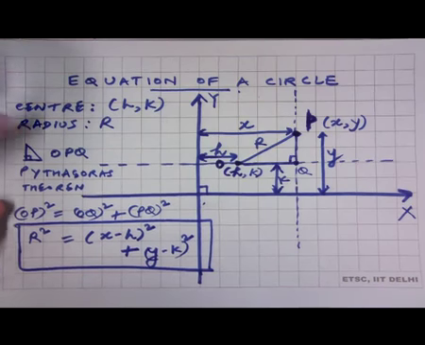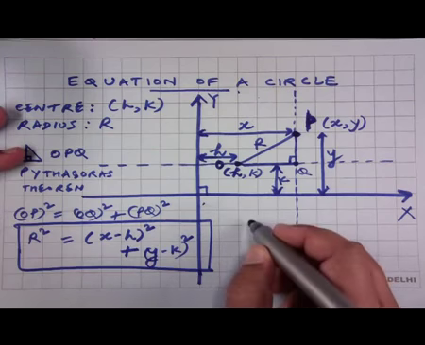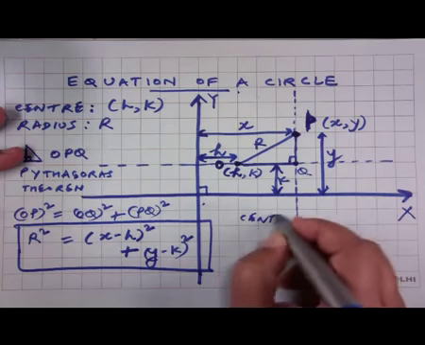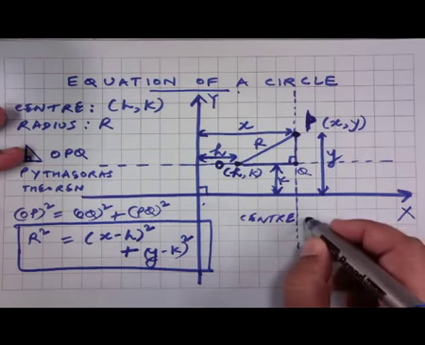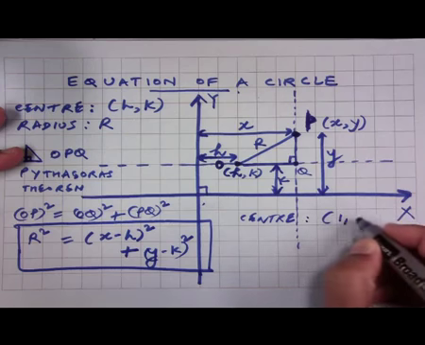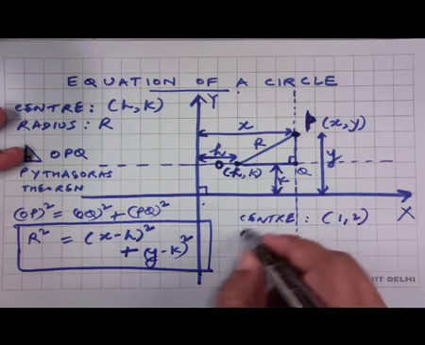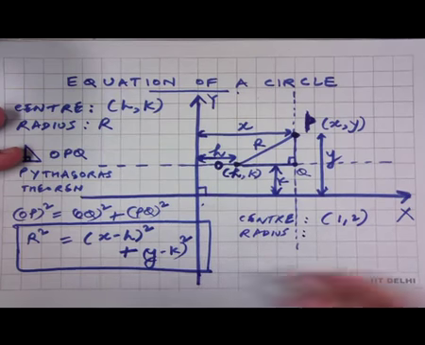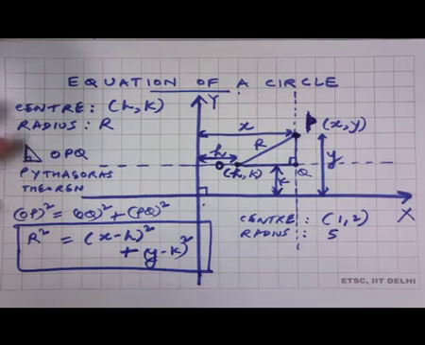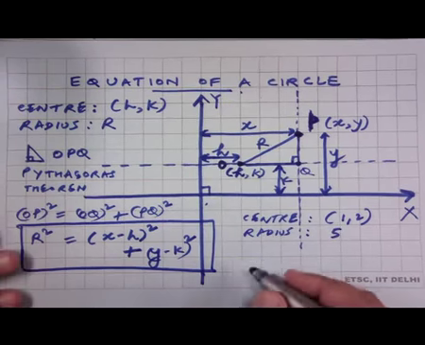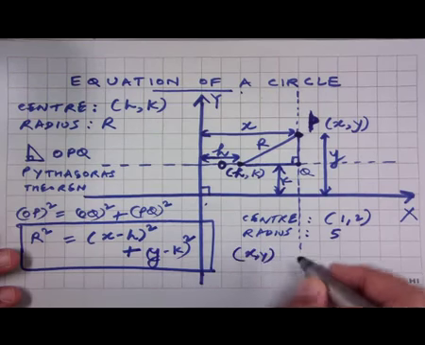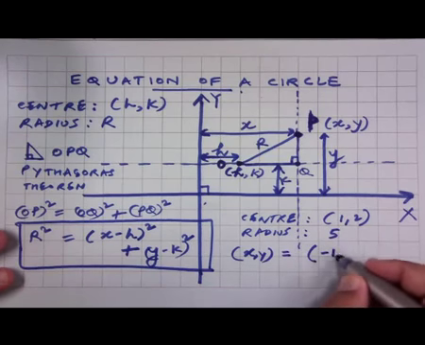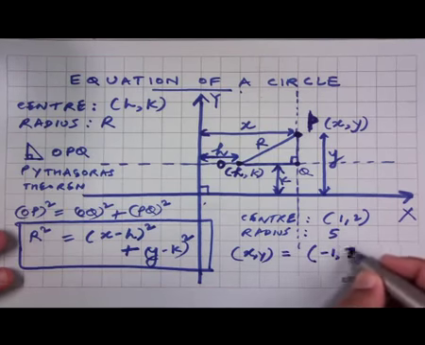For example, let us say that we have a circle whose center is the point (1, 2) and radius is 5 units. So let us say we have a point x, y which is equal to (-1, 3).